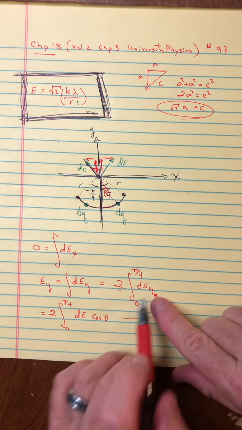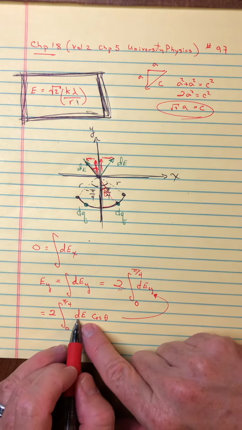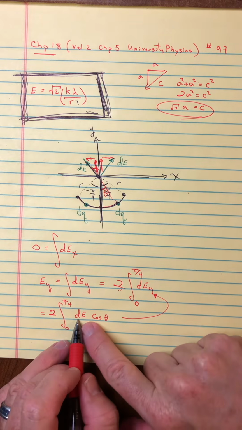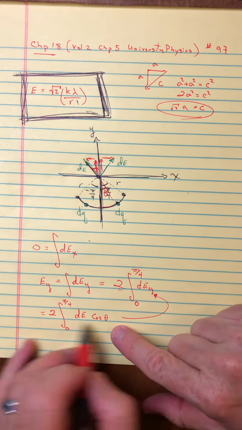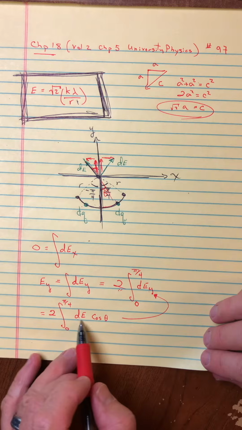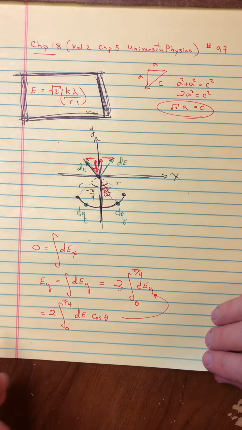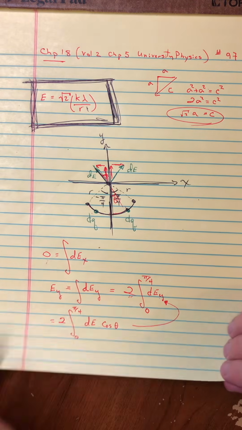What do I mean here by the component of that versus the magnitude? So this is the magnitude, and that's why when you multiply the magnitude by cosine of theta, you get the component dy. And so that's a big step there. A hard one to see. I think much harder than just saying, hey, I'm going to double it. Or even harder than just saying, hey, it's symmetric, so it's going to give you 0.